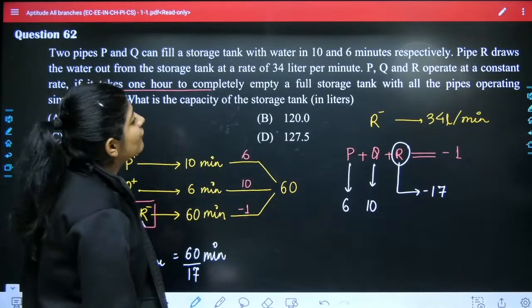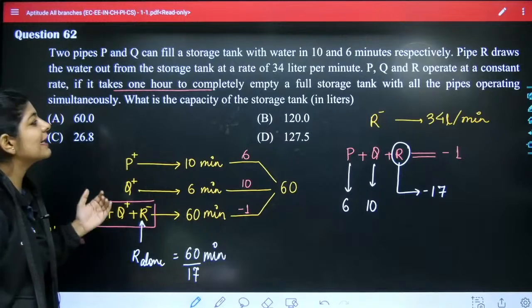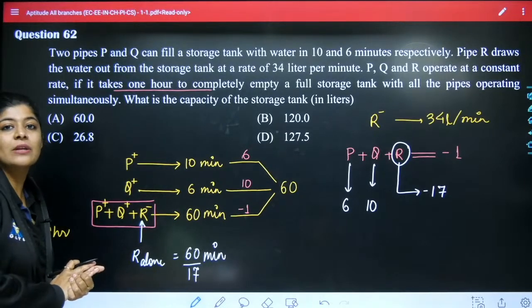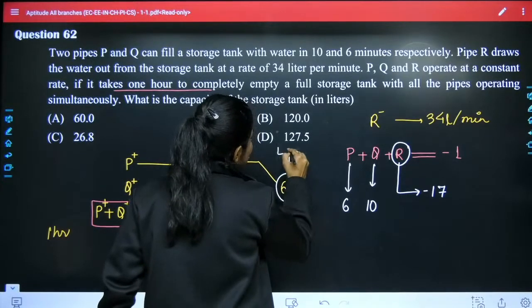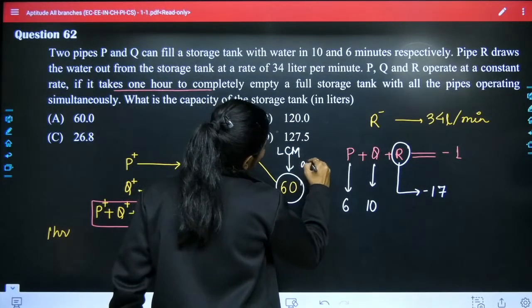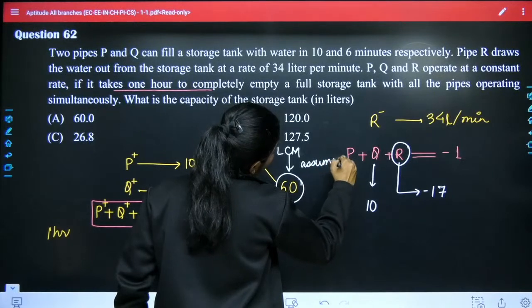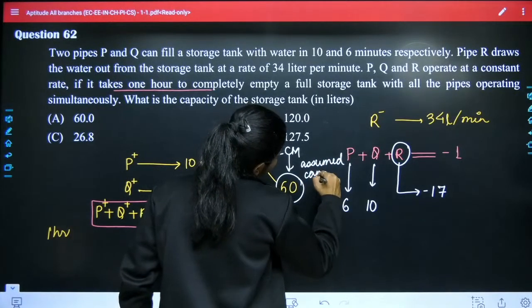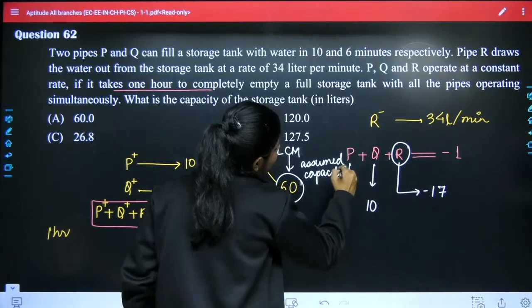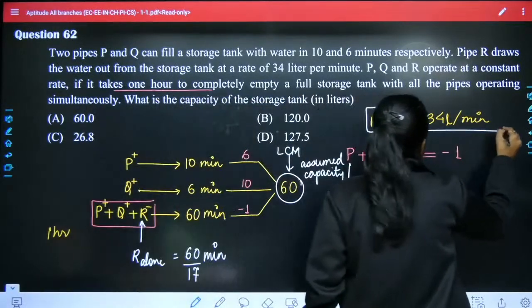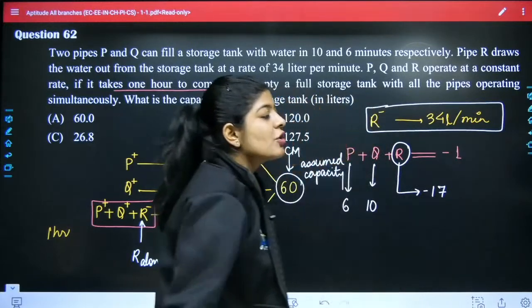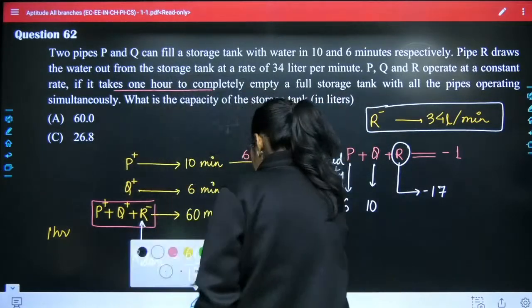Now we have to find the capacity of the storage tank. This LCM is the assumed capacity, not the actual capacity. With the help of this and this data, we can calculate the actual capacity.